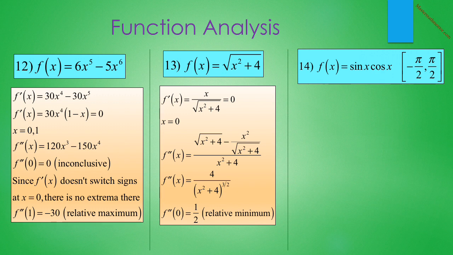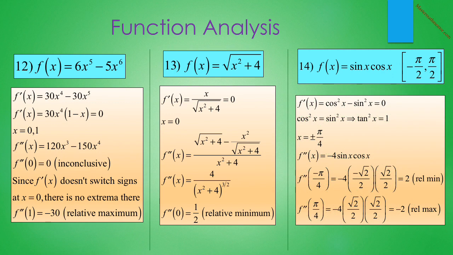I choose to simplify it and get, by multiplying top and bottom by the square root of x squared plus 4 over the square root of x squared plus 4, 4 over x squared plus 4 quantity to the 3/2. F double prime of 0 is 1/2, meaning that there is a relative minimum at x is equal to 0.